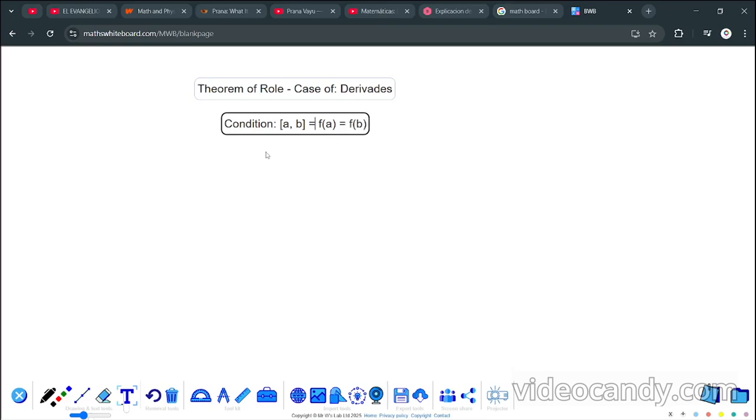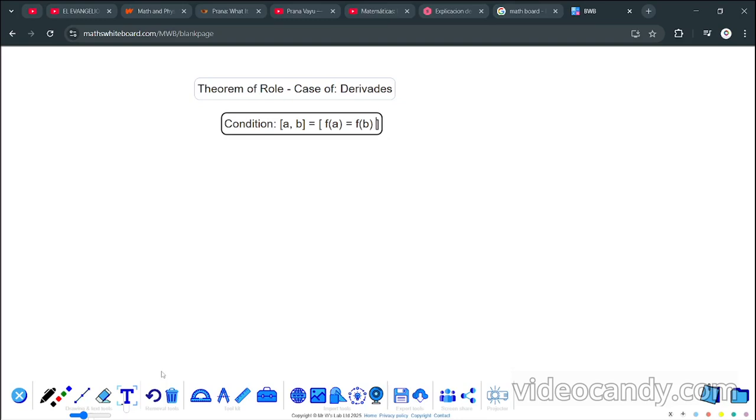You may not see it very clearly right now, but if I put it like this, if you are a developer like me, you will understand better what I'm saying. As a mathematician, you will understand what I'm saying. This is just the first condition for the derivatives in the theorem of Rolle.